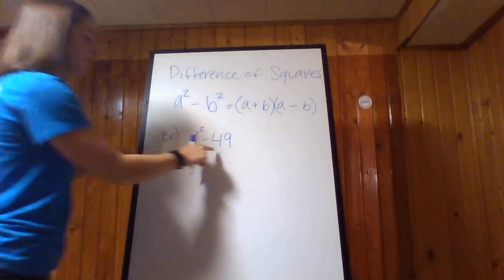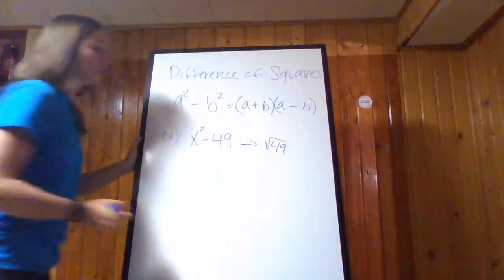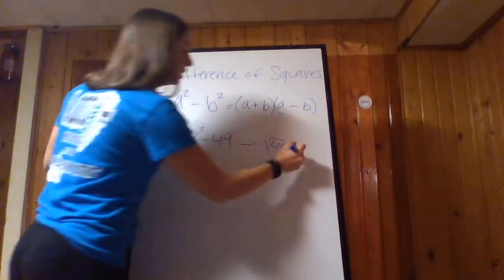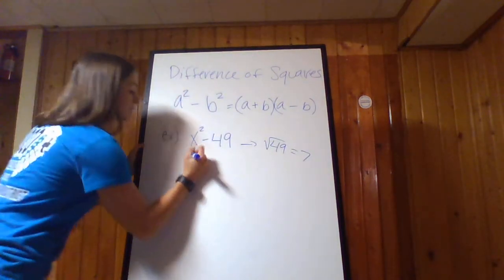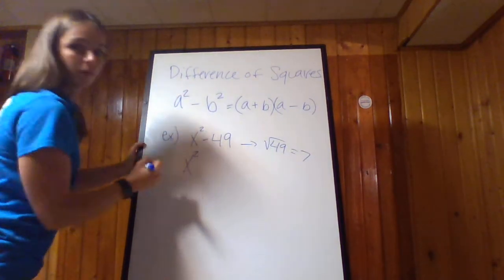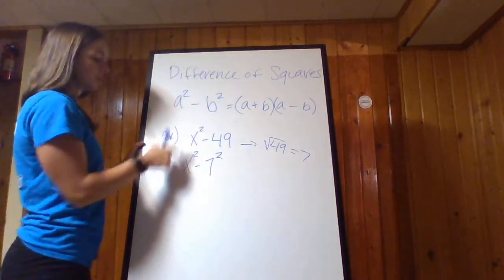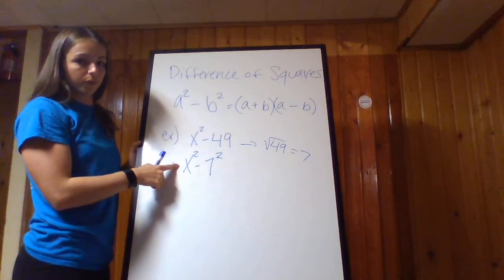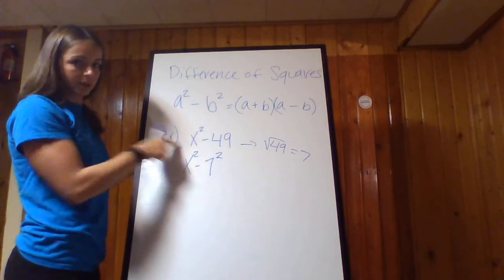So what is the square root of 49? The square root of 49 would be 7, okay? So I'm going to rewrite this as x squared minus 7 squared. These two things are equal to each other, okay? Writing it this way is equivalent to writing it as how I did up here.